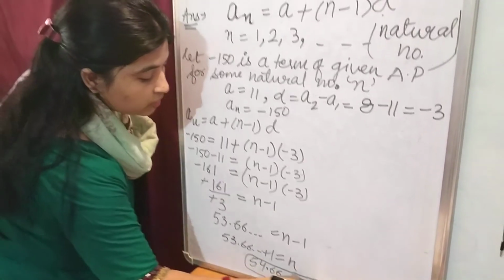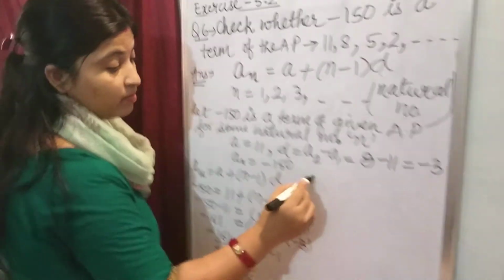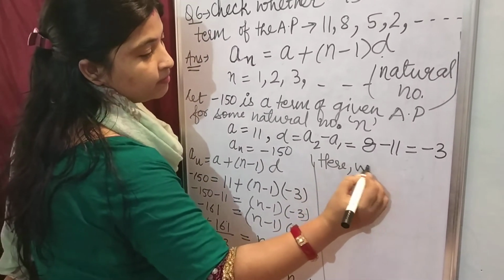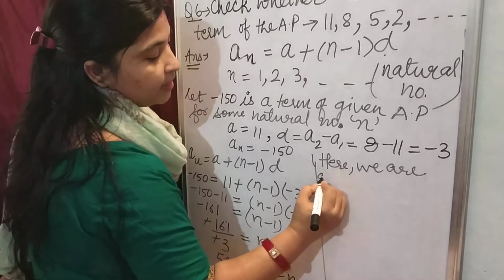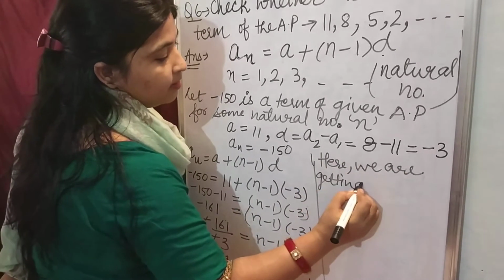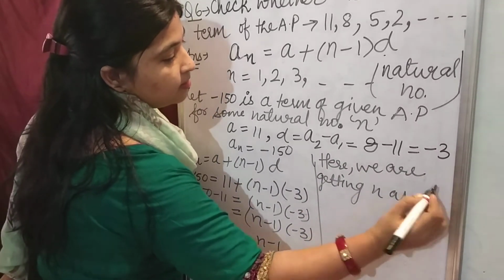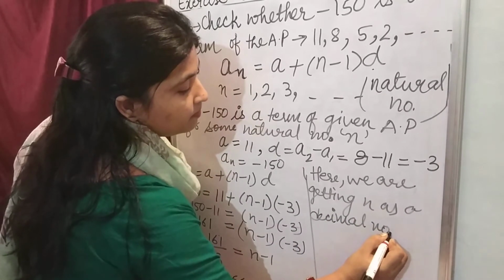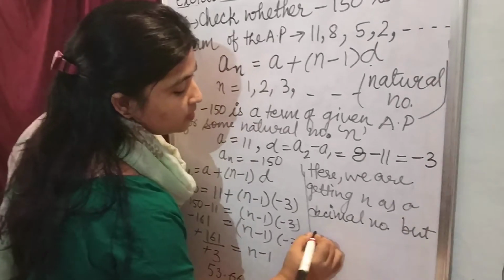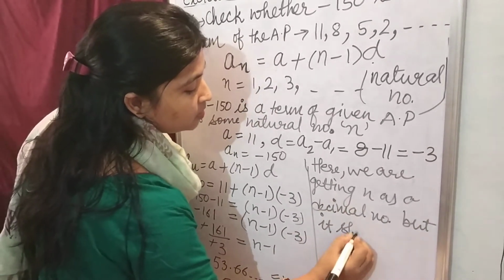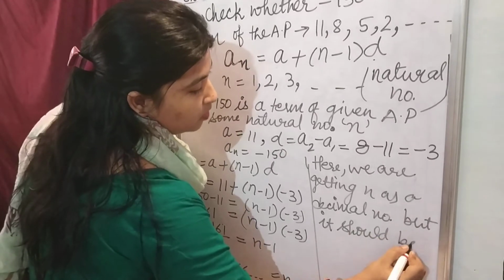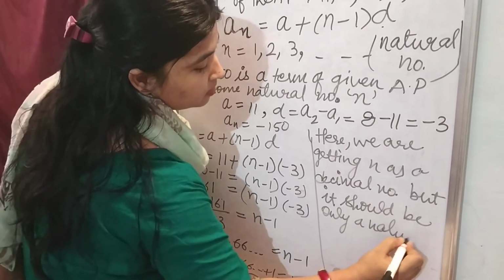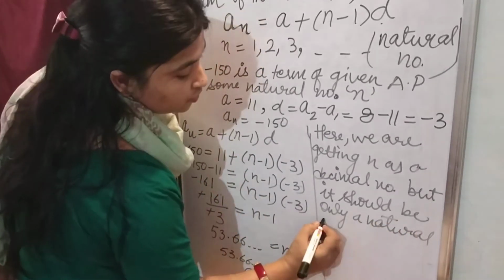As you know, the value of n should be a natural number. So how will you write it here? Here we are getting n as a decimal number, but it should only be a natural number.